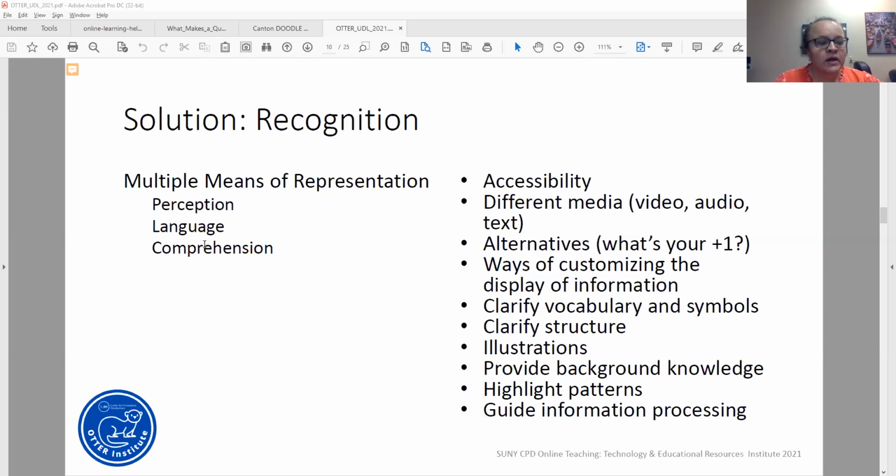If you provide something in graph form, what is your +1? Your +1 to the party will be a description of what is happening in the graph. So here you are catching students who are visual, but you're also catching students who might have issues with understanding visual information. For example, for some unknown reason, I don't seem to understand graphs.